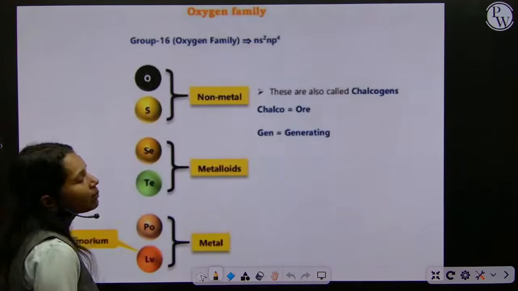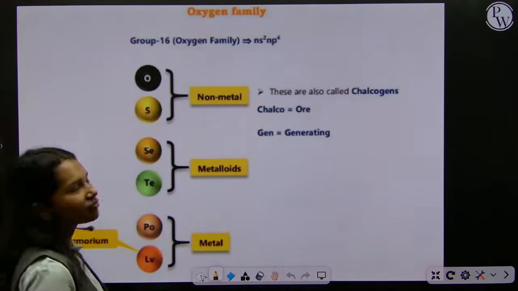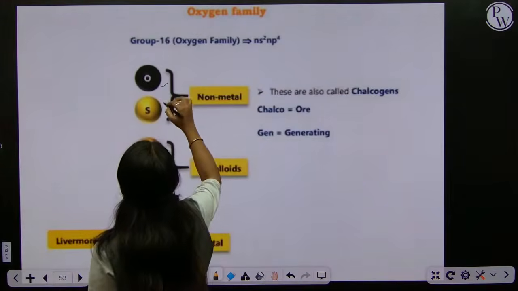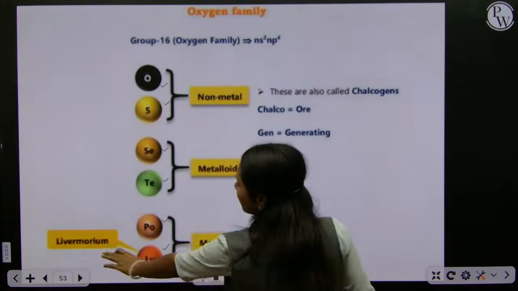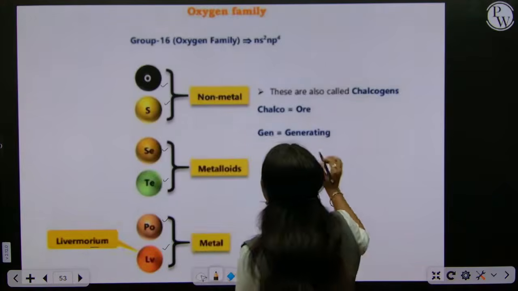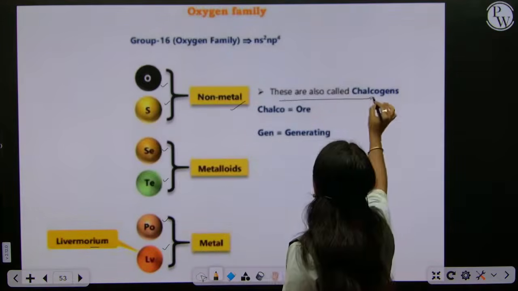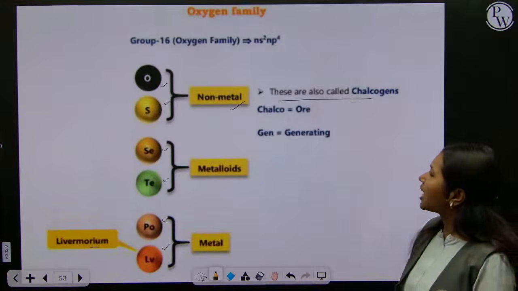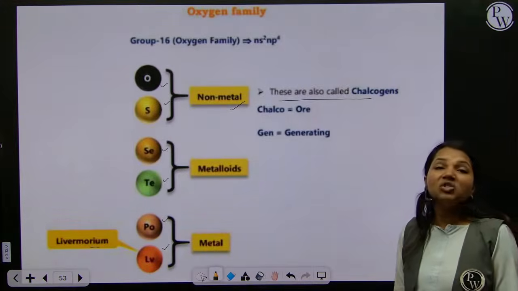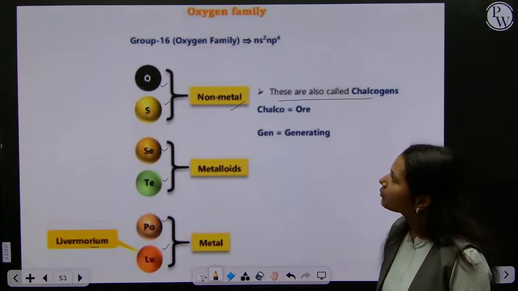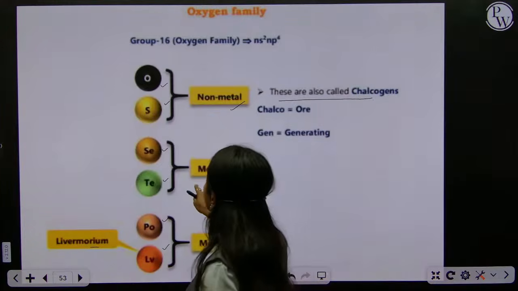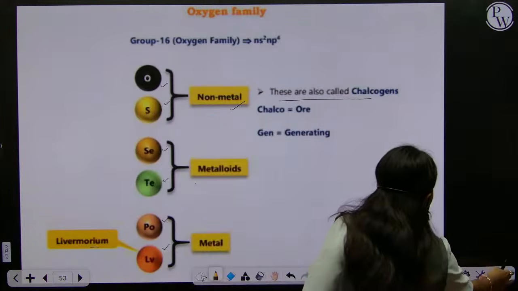After this, group number 16, the oxygen family. Oxygen, sulfur, selenium, tellurium, polonium, and livermorium, right? These are non-metals. These are also called chalcogens. Chalco means ore, gen means generating. So oxygen and sulfur are non-metals, then metalloids, and metals.